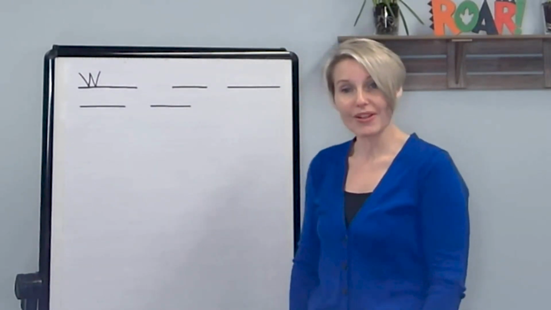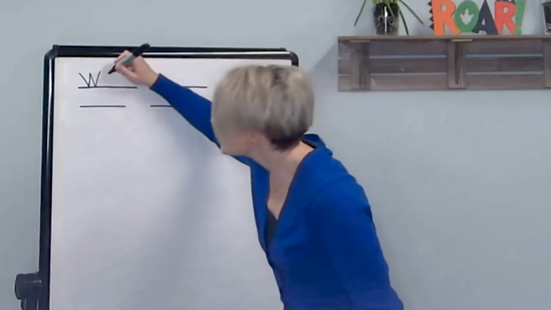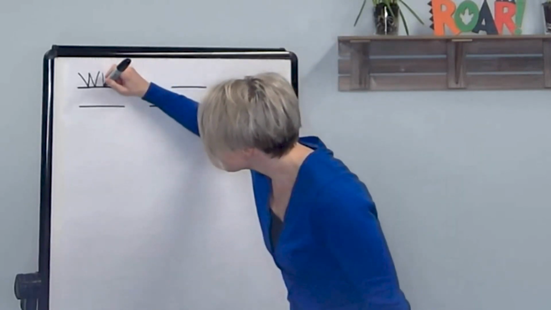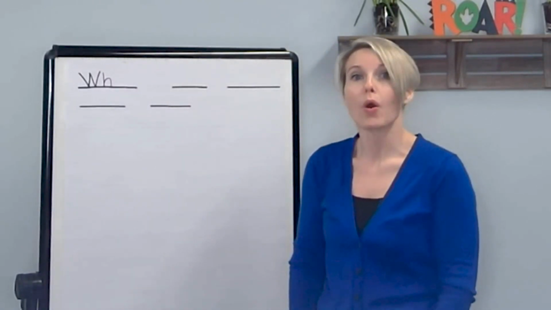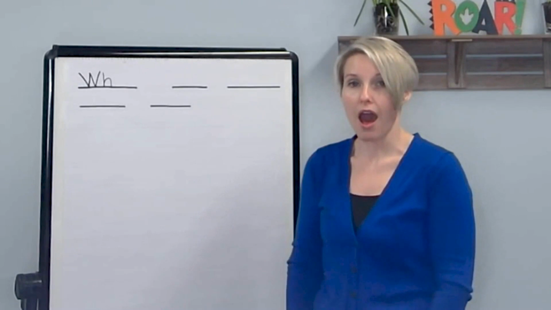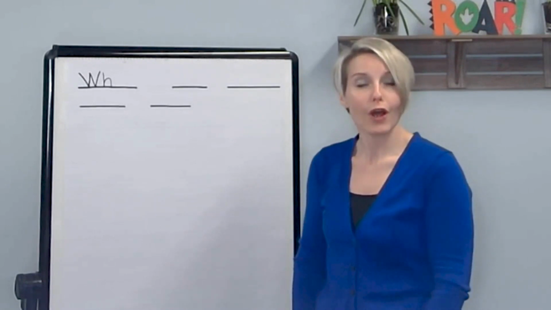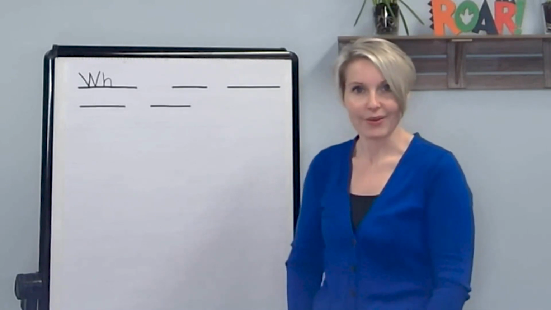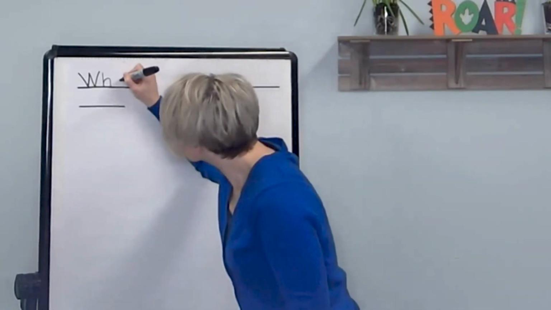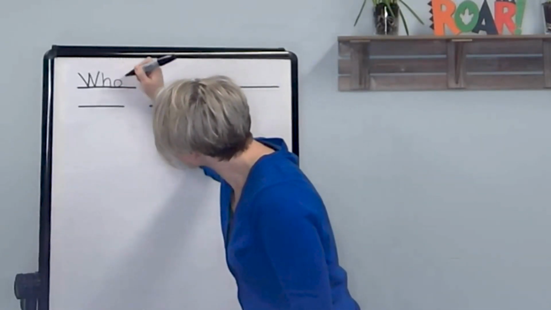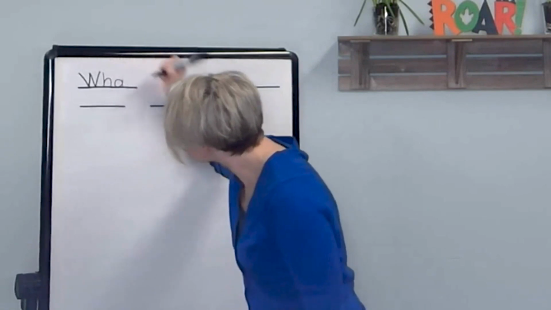The next letter is H. Watch me make a lowercase h. Start up at the top. Big line down, up, and around. H. The next sound we hear in what is the sound ah. In this word, lowercase a is making the sound. Let's write a lowercase a. Around like a C, close it up, line down.